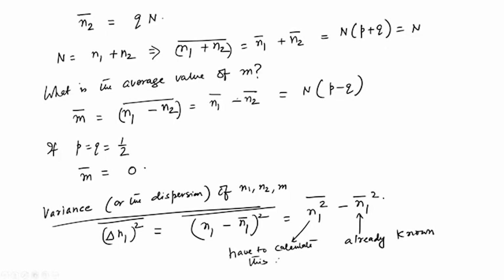Okay. And the way we do it is simple. Again, we have to have this n1 square average, which is equal to the sum over n1 from 0 to n of n1 square P_n(n1).